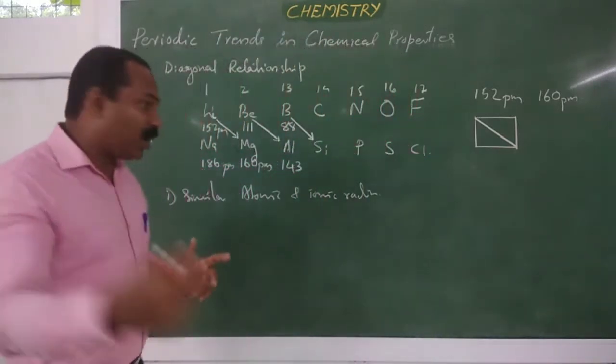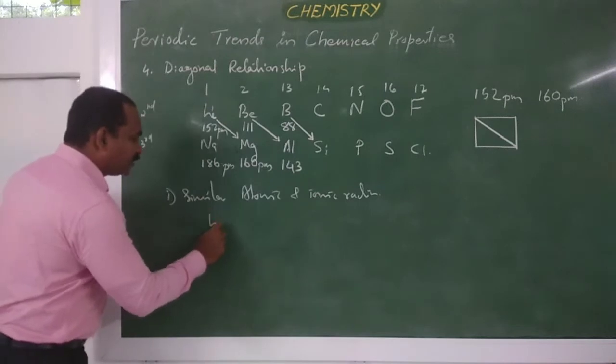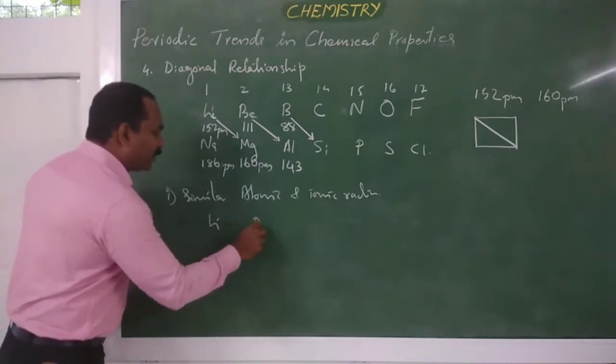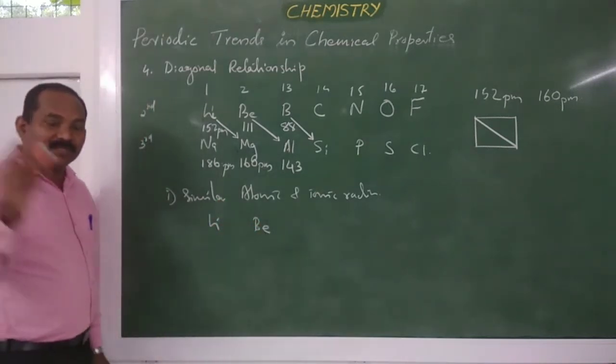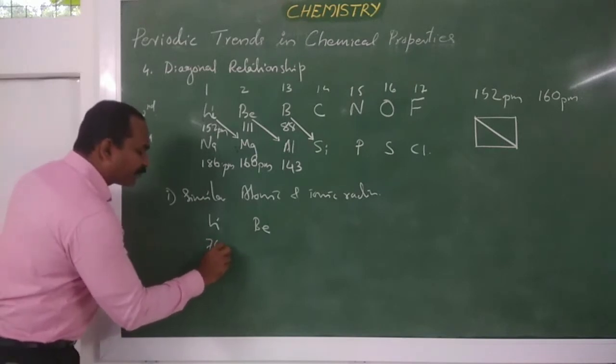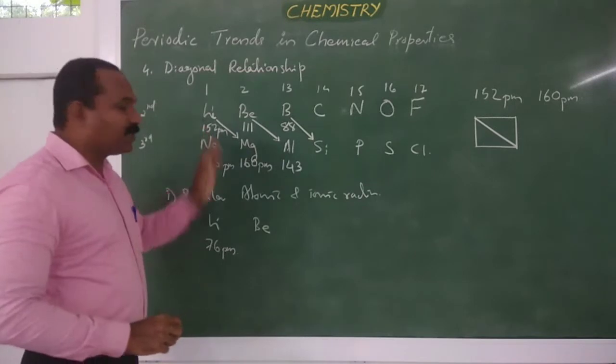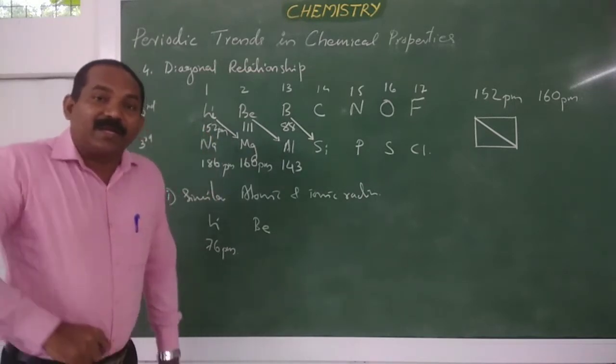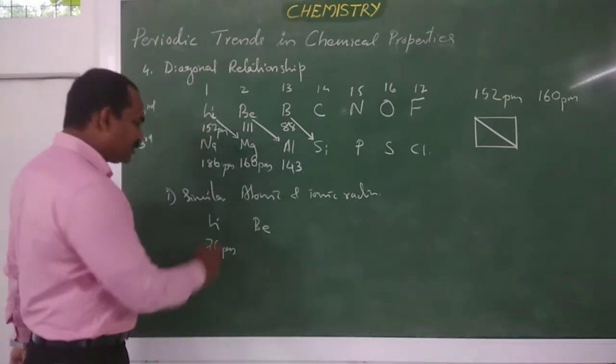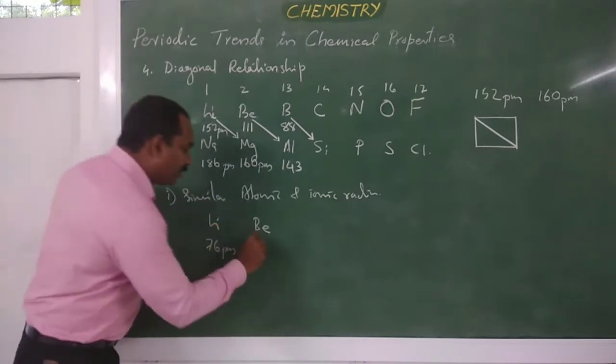Another one is ionic radius. Lithium has an atomic radius of 152, and the ionic radius is 76. Beryllium is 31.